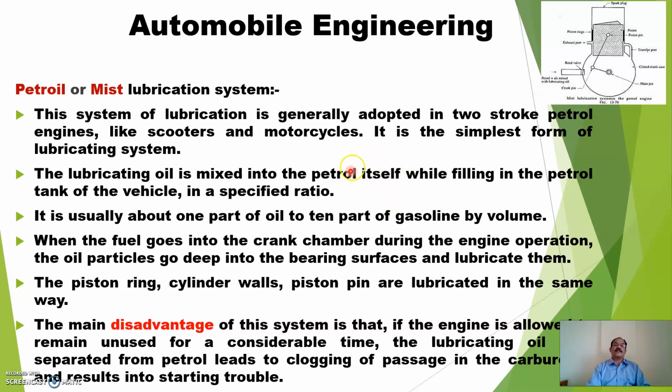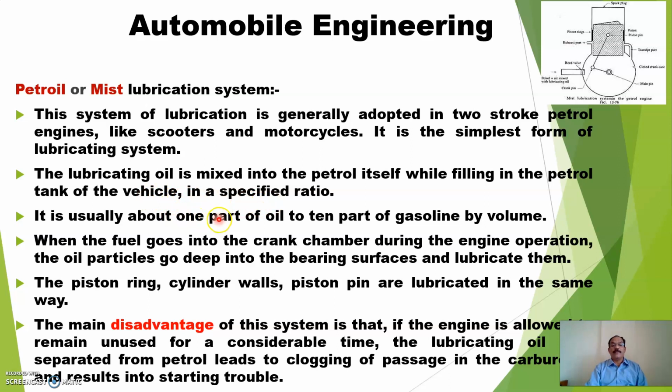Apart from the petrol, some quantity of oil is mixed. In two-stroke engines you might have observed that some 20 ml oil is mixed with 1 liter of petrol. The lubricating oil is mixed into the petrol itself while filling the petrol tank of the vehicle in a specified ratio.